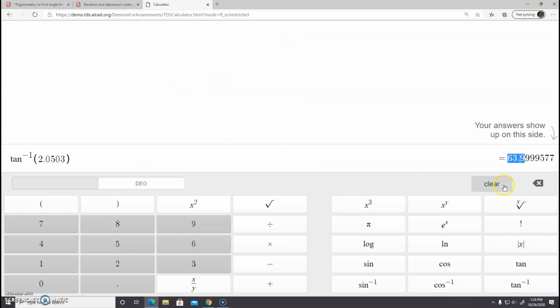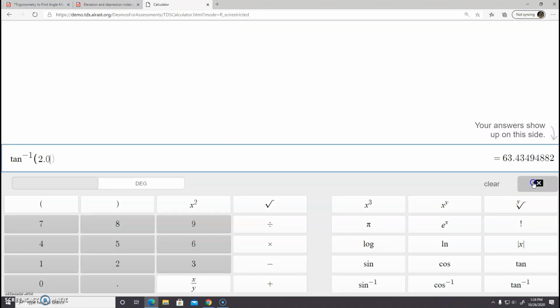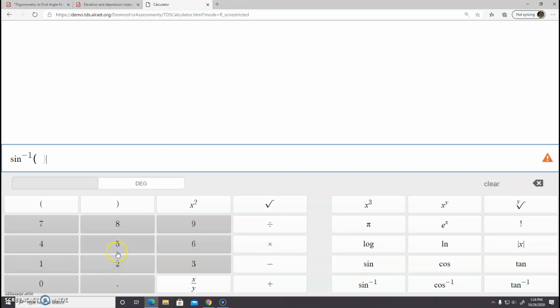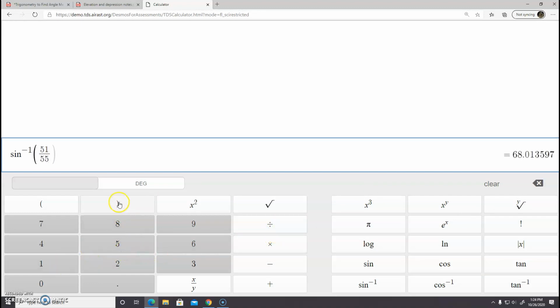So we're going to come back here and clear this out. We want the sine inverse of 51 divided by 55. There we go, 51 divided by 55.